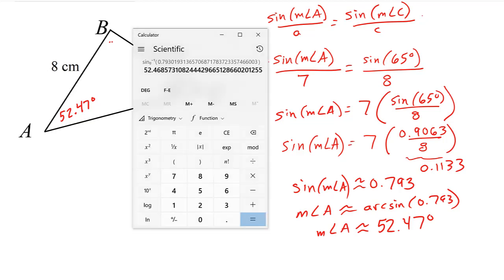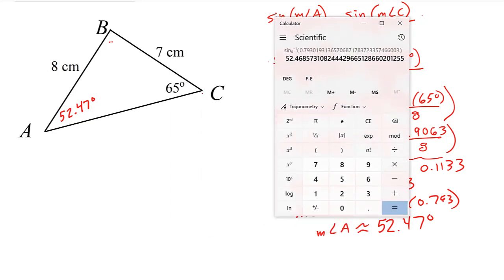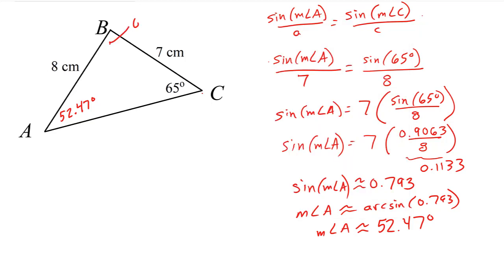So in our calculator, we're going to go 180 degrees, subtract 52.47 degrees, subtract 65, and whatever's left over has got to be the angle measure for the third angle. So 62.53. So now we know all 3 angle measures in the triangle. We know 2 of the side lengths. We're just missing this third side length, the value of B.